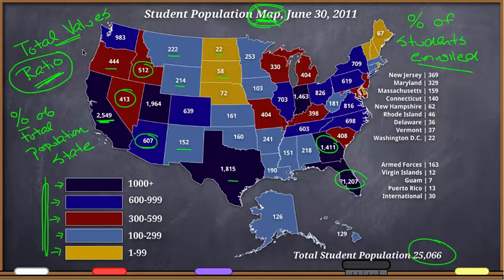So oftentimes maps will be produced by a graphic artist, and in my personal opinion, I think that anyone who's going to be a graphic artist should have exposure to cartography as a discipline, should take a class in cartography just so that he or she understands map making, because it does seem rather common for graphic artists to create maps or be responsible for map creation for something like this.